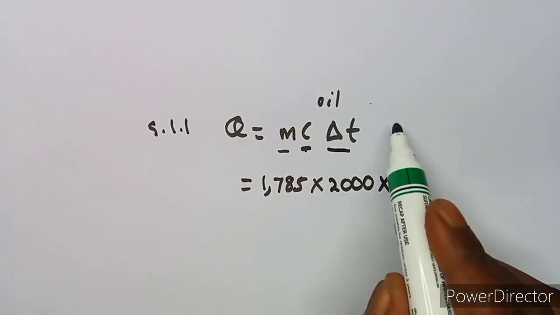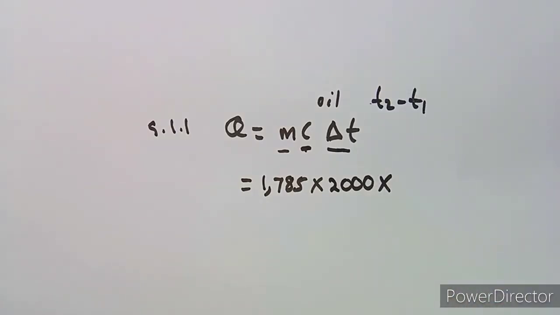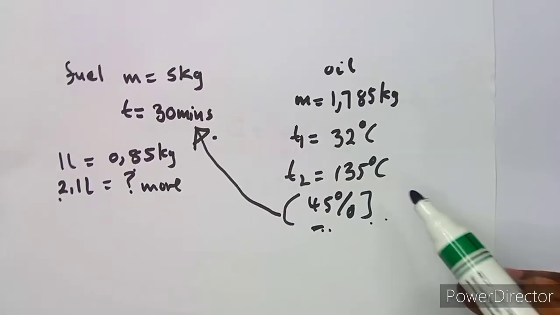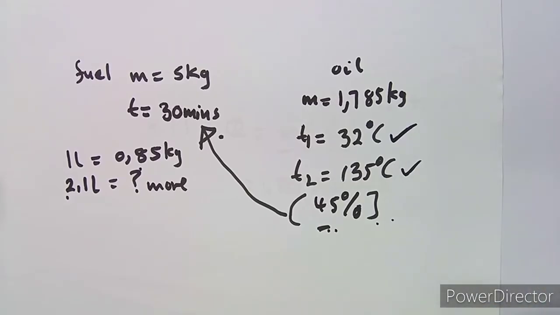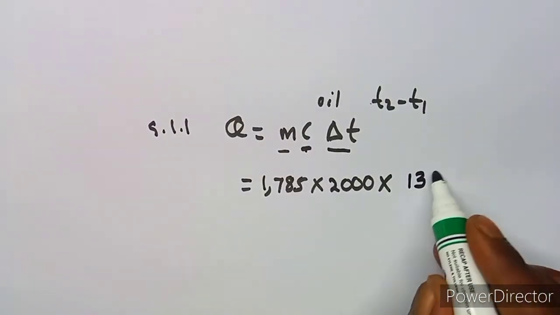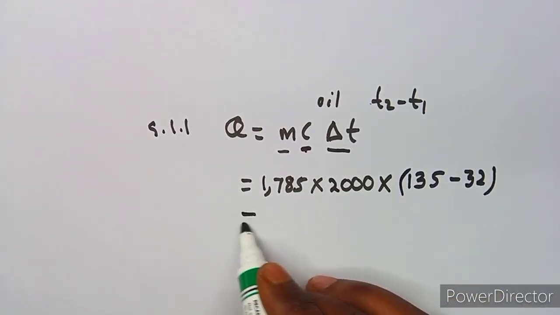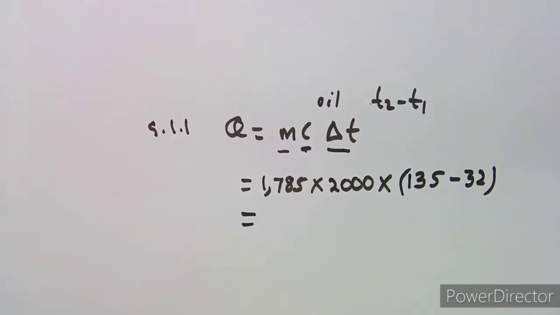So the change in temperature, we know that this is T2 minus T1, that is the change in temperature. So we are simply using that temperature which changed, which is your T2 minus T1. So it's 135 minus 32. All right, so you can actually use your calculator at once to simplify this value.